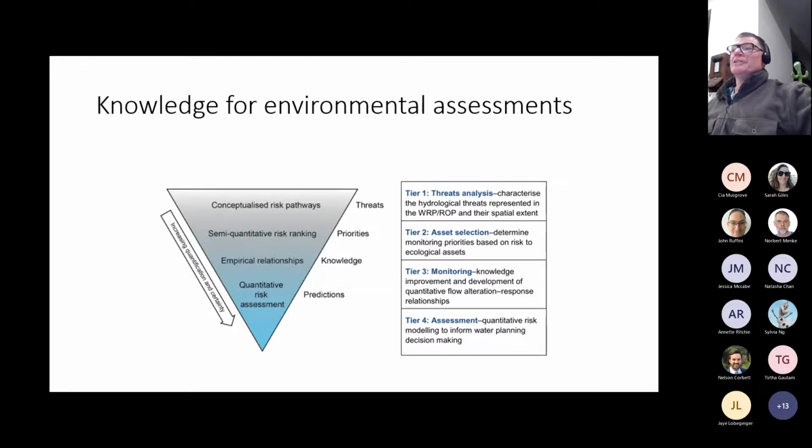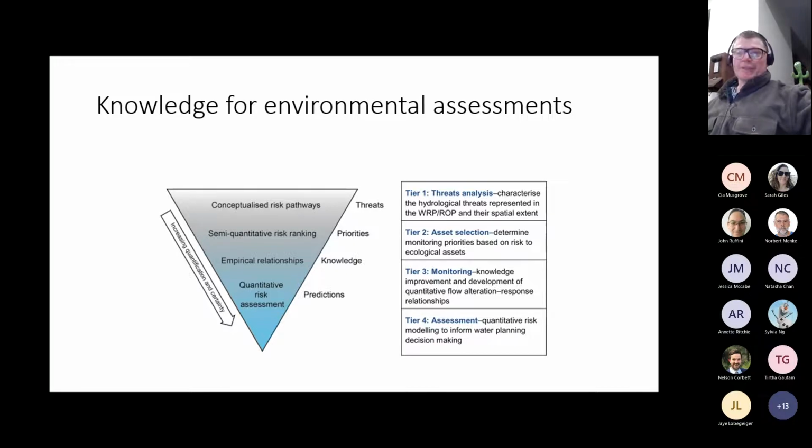What is the knowledge that we have about the requirements of those assets? And that is often the stage at which a lot of the science, the developed research that we need to undertake and that the regional biologists around the state also undertake is often in relation to that stage about what are the requirements of the assets in particular to quantify them.